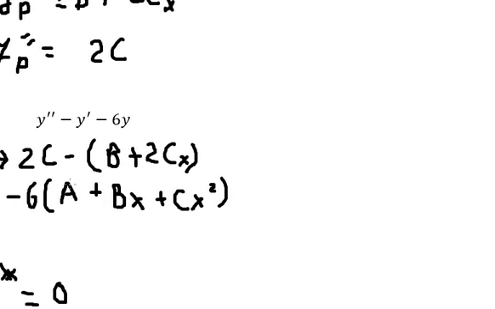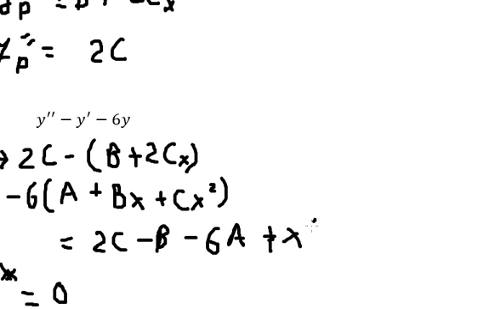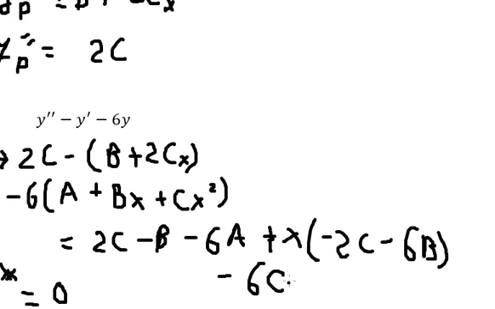So if we simplify everything, we can put into 2c minus b minus 6a. That's it for the numbers in here. About s, we have negative 2c, negative 6b. And the last one, we have negative 6c s squared.